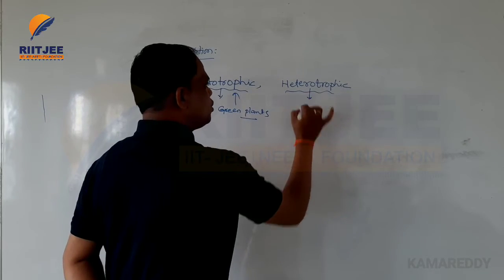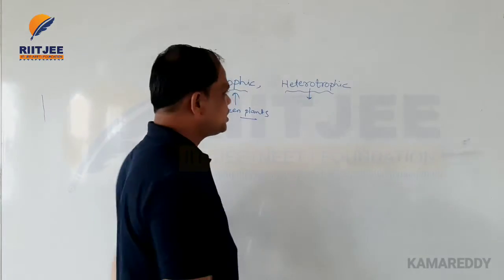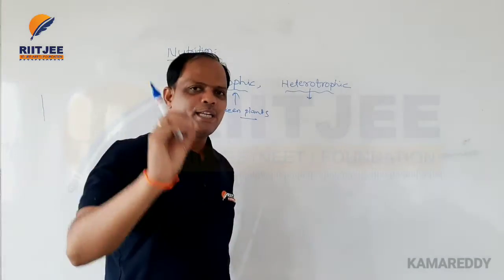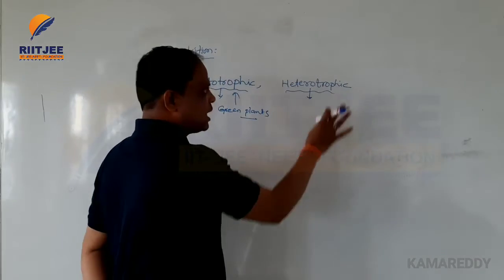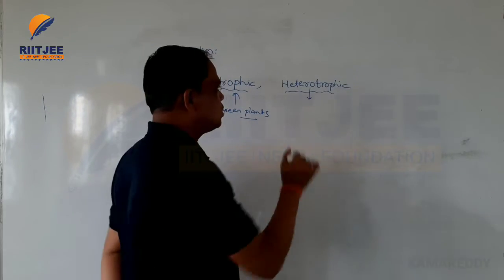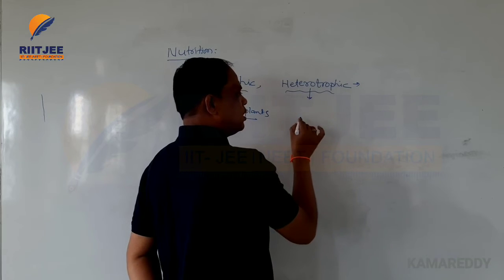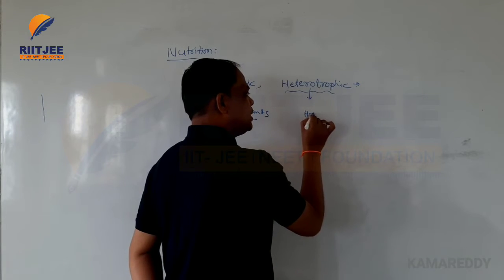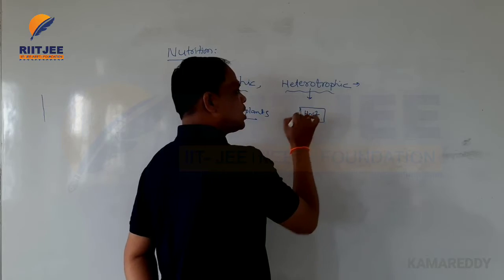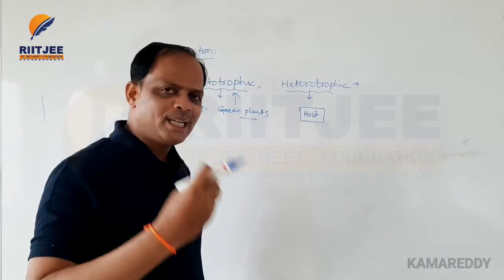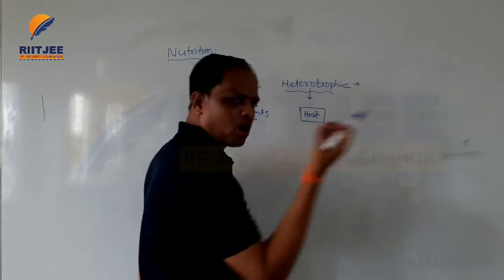And heterotrophic means these organisms are directly or indirectly dependent on host organisms. That is also called heterotrophic nutrition. A host is an organism that gives shelter or food materials to other organisms.